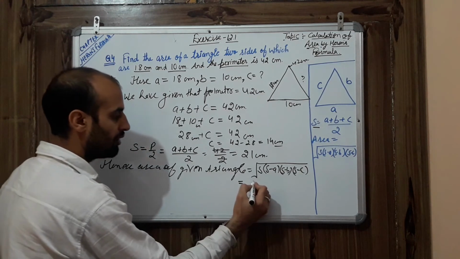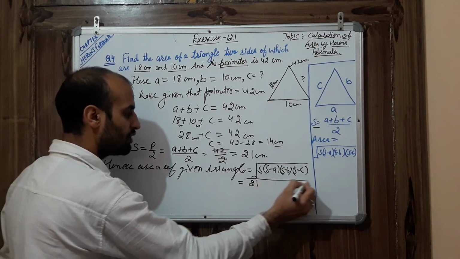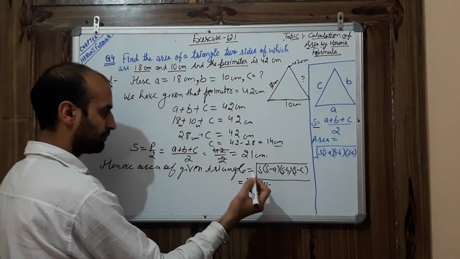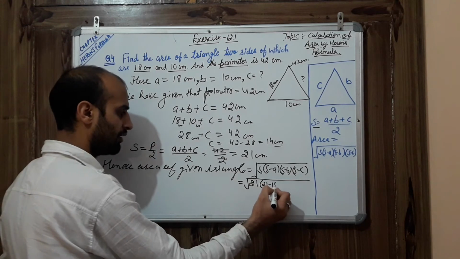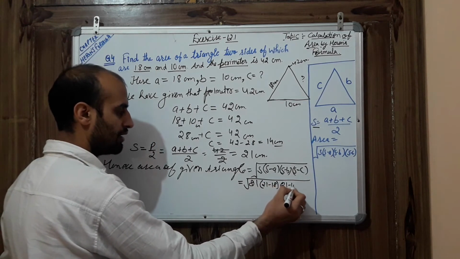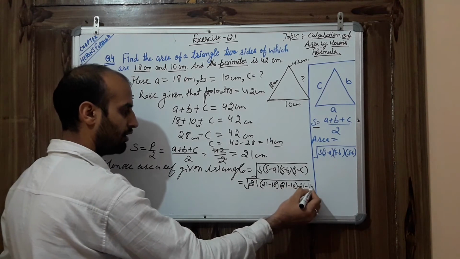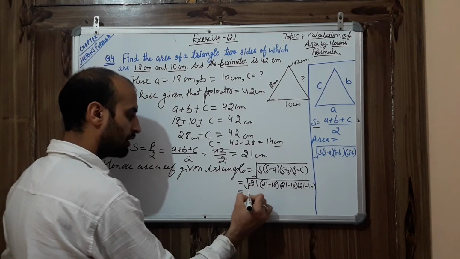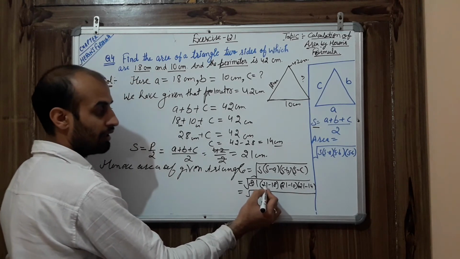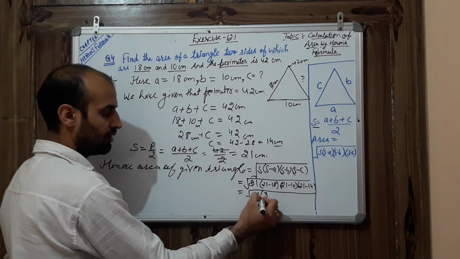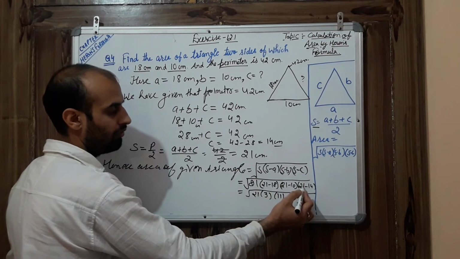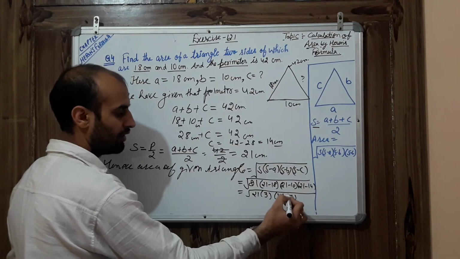After substituting, the first value is 21, the S value, then 21 minus 18, then 21 minus 10, 21 minus 14. After subtracting, we write 21 as such, 21 minus 18 is 3, 21 minus 10 is 11, 21 minus 14 is 7.